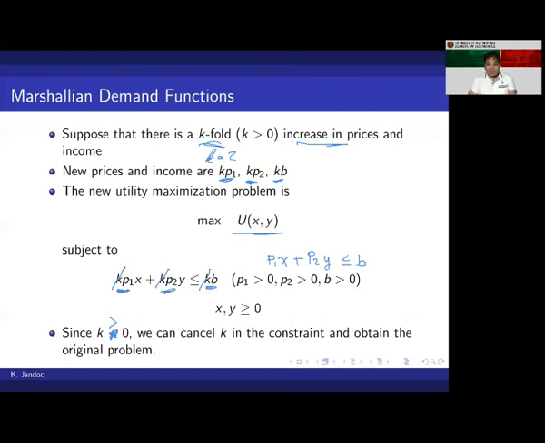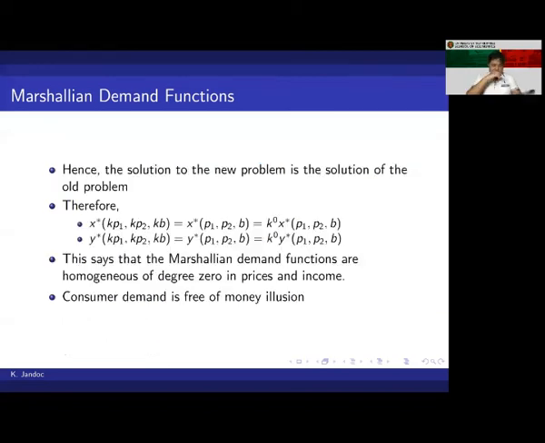We're back to the original problem. Therefore, the utility-maximizing bundle x star and y star wouldn't change. The solution to the problem where prices and income increase k-fold simultaneously is the same as the solution to the original problem, where prices and income didn't change.